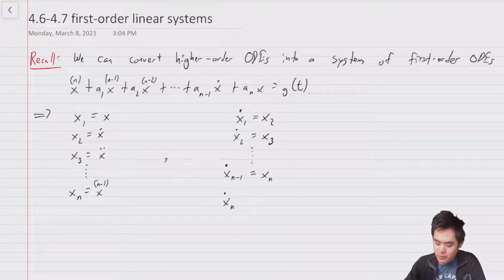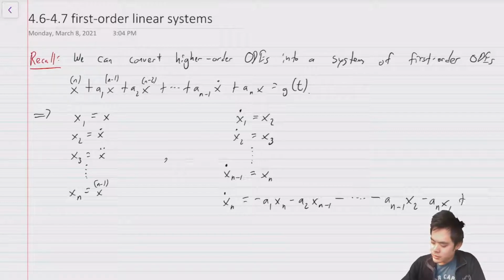It's going to be based on rearranging the original equation up here. So that's going to be equal to minus a1 xn minus a2 x(n-1), subtracting all the way down to a(n-1) x2 minus a n x1 plus g of t.